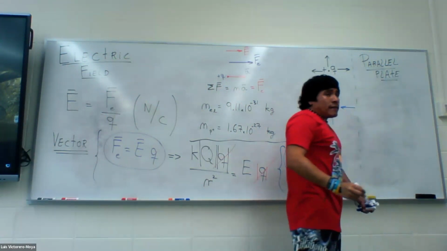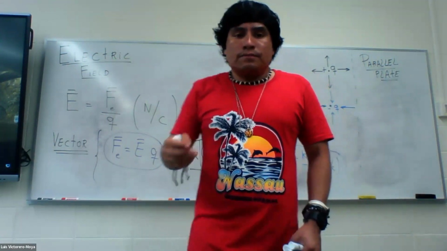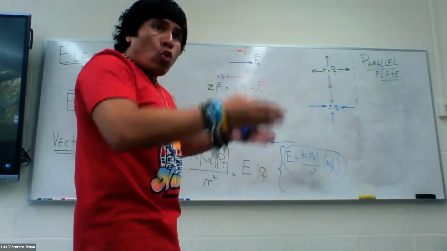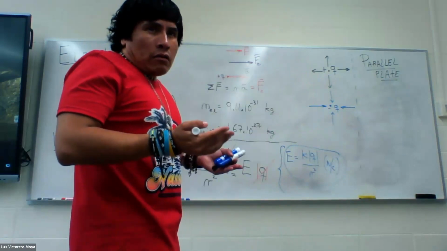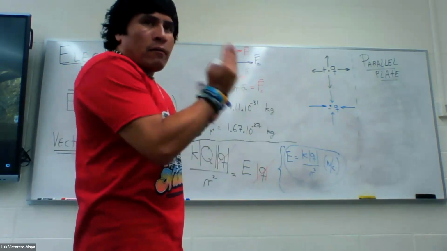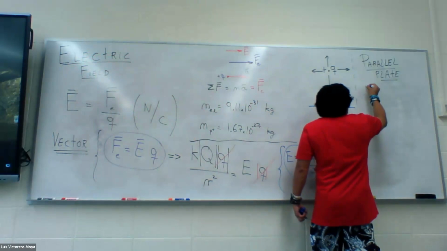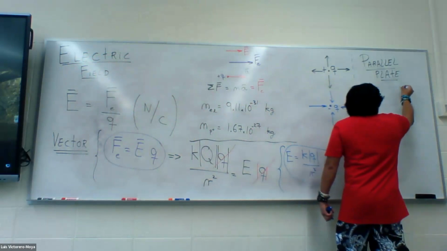A parallel plate capacitor, as we call it, is a device that has two conducting plates. Now, they are in 3 dimensions. I'm gonna project it on the board, and you're only gonna see this.